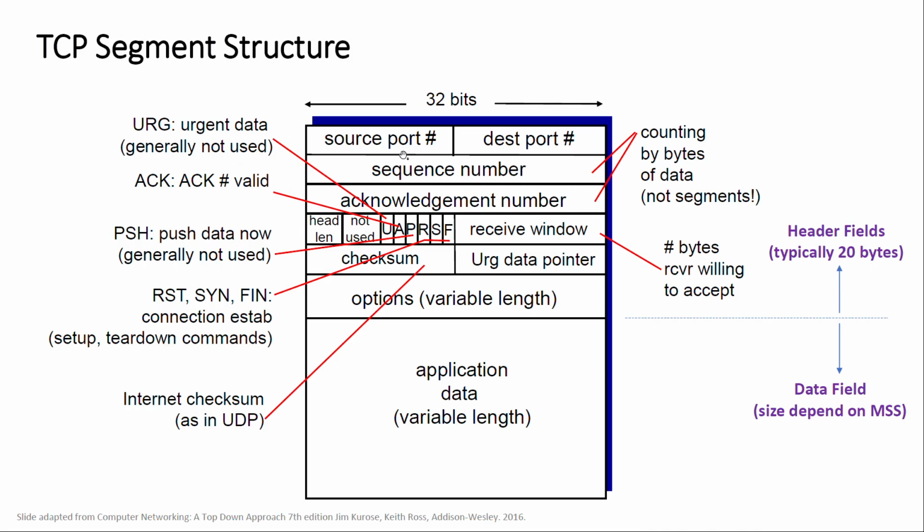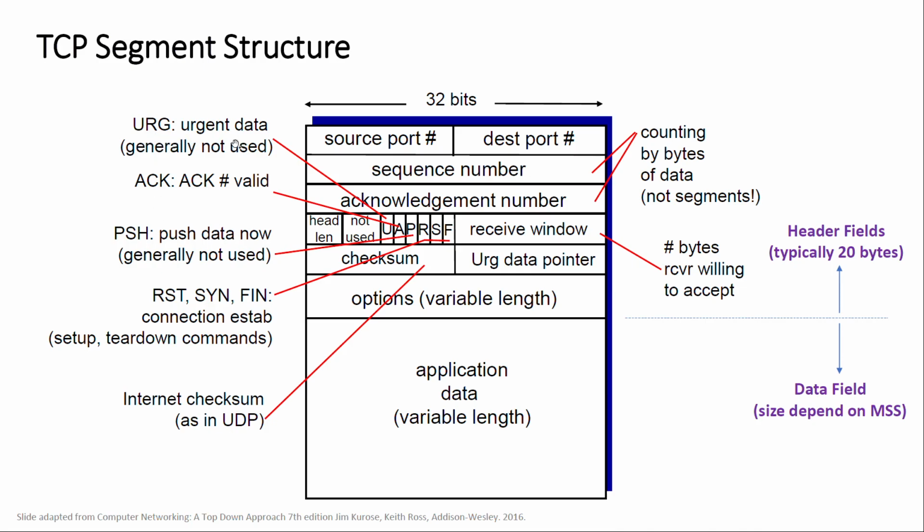As we already mentioned, there is a source port, destination port, sequence number, and acknowledgement number. Here we have some flags, as you can see: U, A, P, R, S, and F. These are explained here.